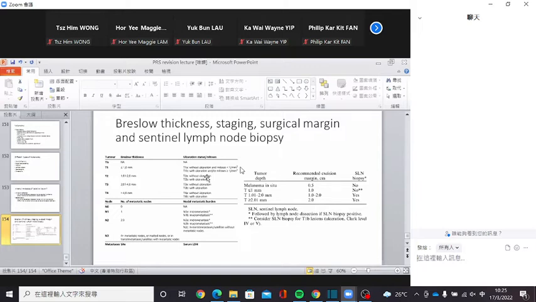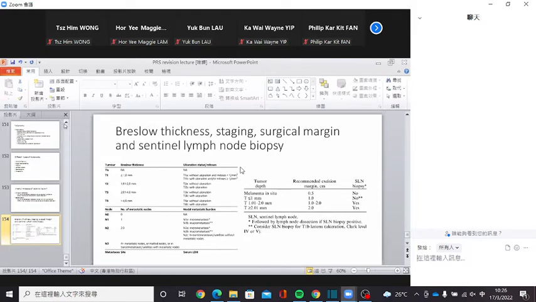I think this is also the updated guideline. The Breslow thickness and the presence of ulceration will give the T staging, and then the N staging depends on the node status.